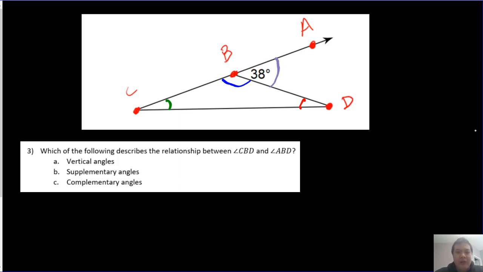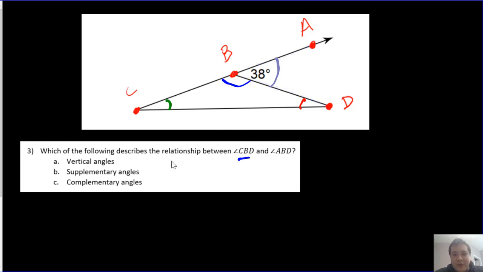Which color represents CBD? CBD is going to be the blue one right here. And which one is ABD? That would be the purple one, A to B to D.